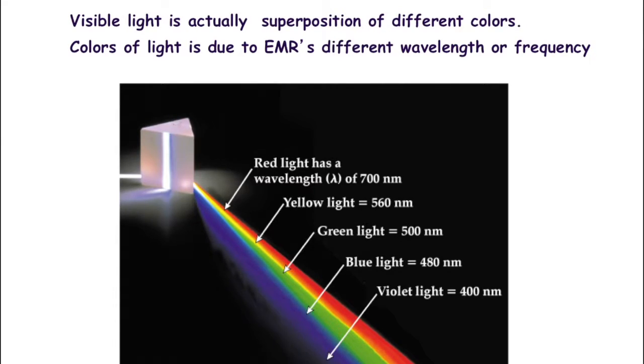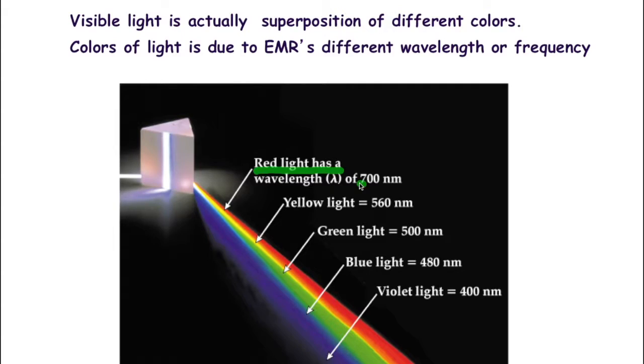A prism separates the wavelengths of light that white light is composed of. So visible light is actually the combination of the colors of the rainbow.